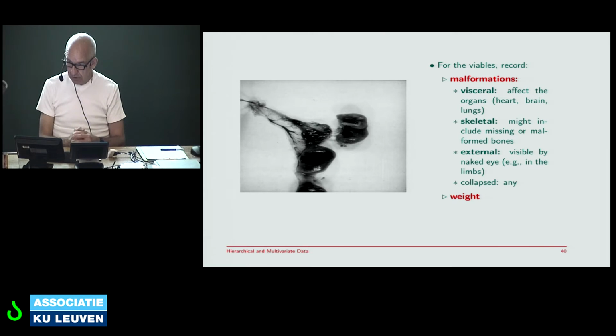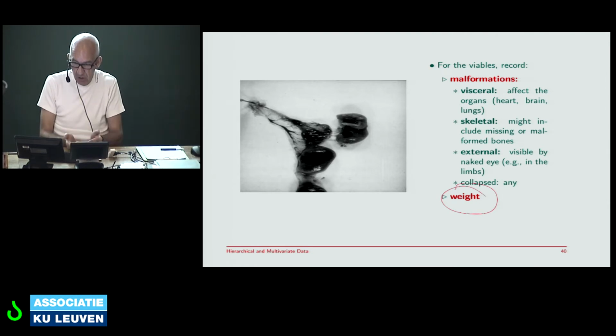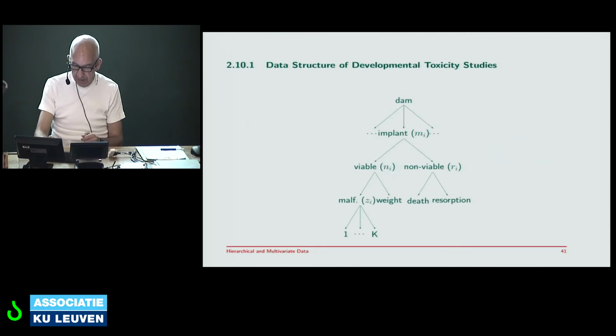Of course, they're not exclusive, so it's perfectly possible that a fetus has one of them, but also 2 or even all 3. And another variable of interest is weight, not because weight as such is an adverse event, but the lower the birth weight, the more the fetus may be prone to other diseases because of lack of resistance, lack of strength, etc. So weight loss is a risk factor.